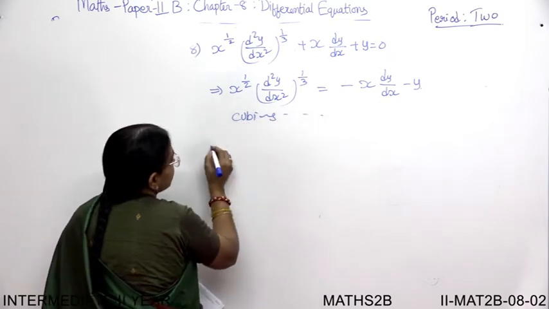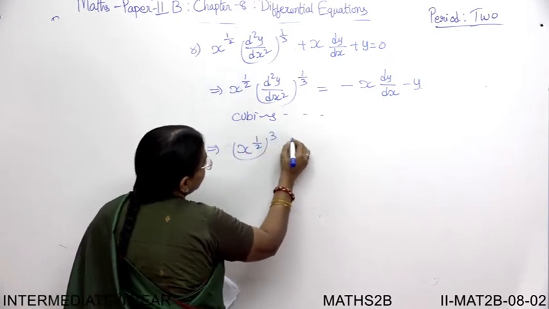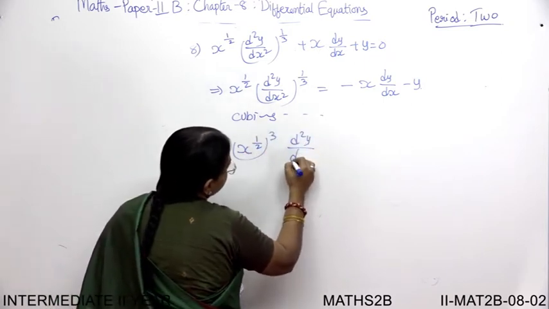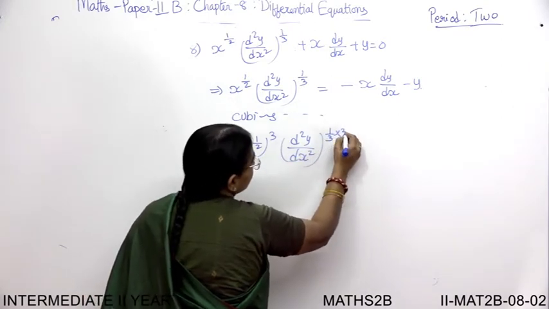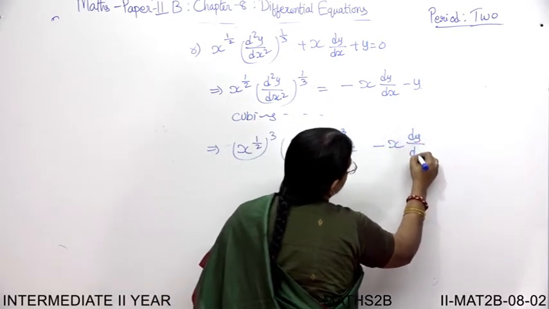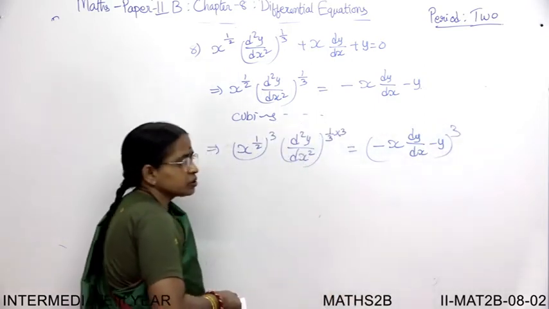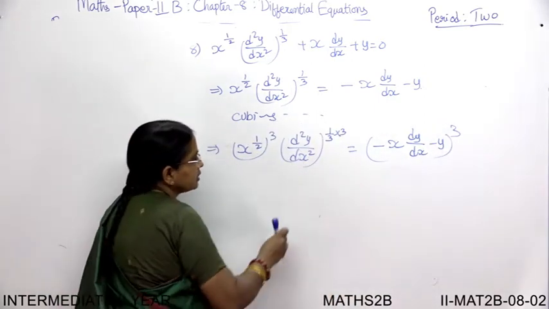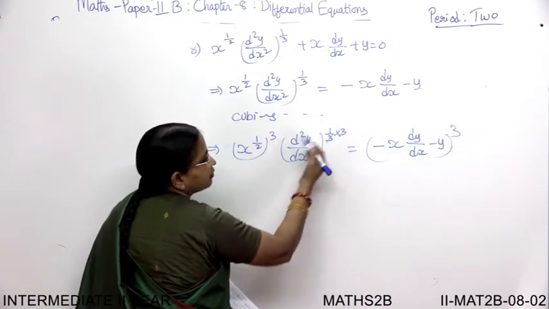Cubing on both sides, you get x to the power half whole cube into d square y by dx square whole to the power 1 by 3 whole cube is equal to minus x dy by dx minus y whole cube. Now the highest order derivative is d square y by dx square. What is the highest power for it? 1.